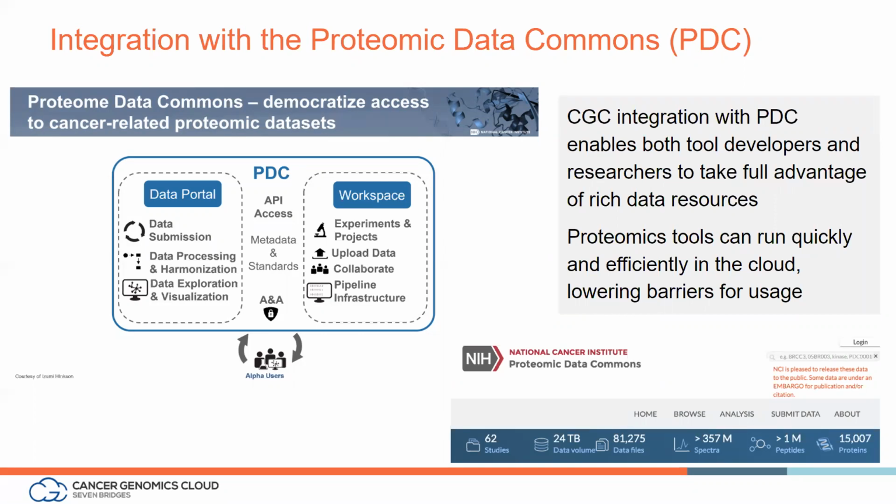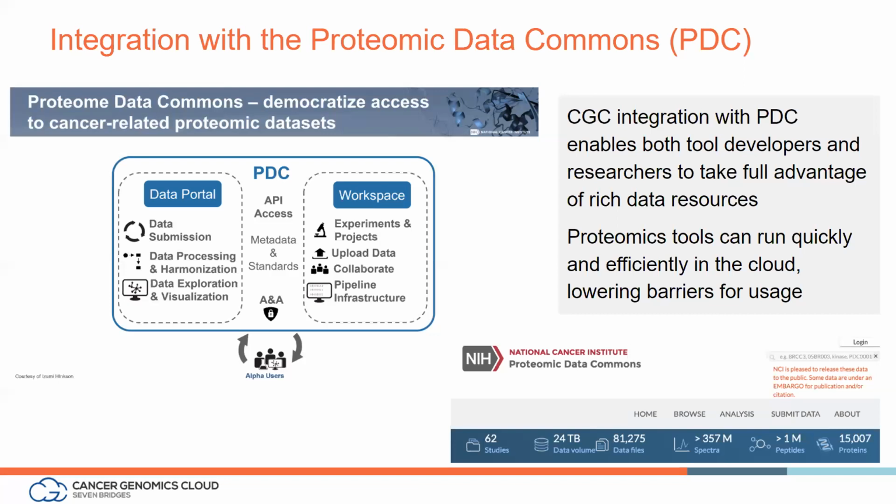So if you are generating proteomic data sets, you can submit your data, and all the data is processed in a harmonized way, and it's available for further analysis in cloud resource platforms like the Cancer Genomics Cloud. So you can access the data within the user interface or also using their APIs. And as you can see in this bottom figure, there are over 62 studies, over 24 terabytes worth of data in the PDC.